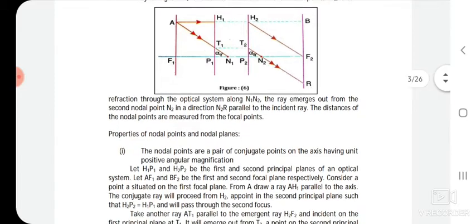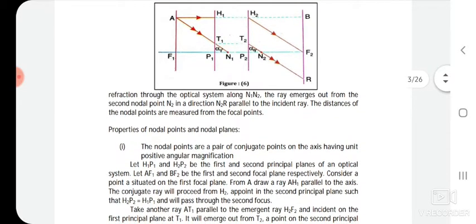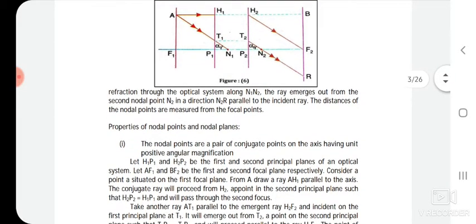Take another ray AT1 parallel to the emergent ray H2F2 and incident on the first principal plane at a point T1.